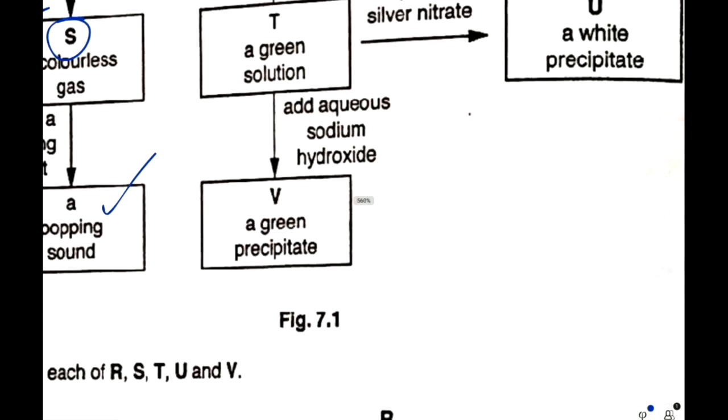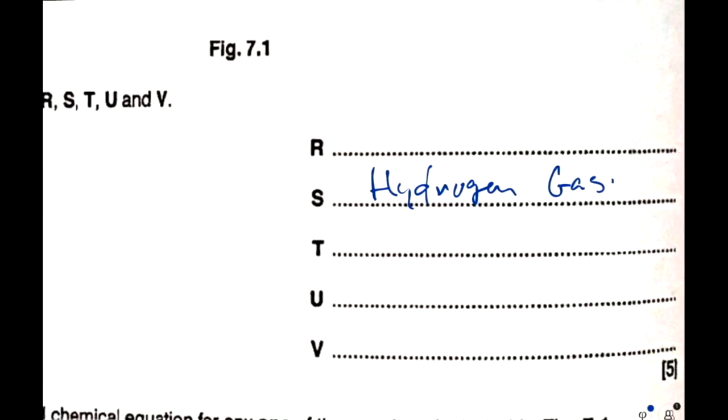Okay, next. Now, the green color. What is the green color? Iron 2 or iron 3? Green color is iron 2, Fe2+. V must be iron oxide, correct? Iron hydroxide, sorry, because it's plus hydroxide. So V is iron 2 hydroxide.